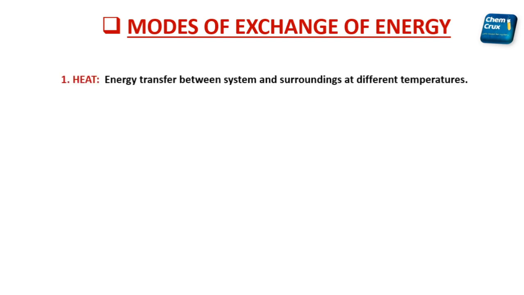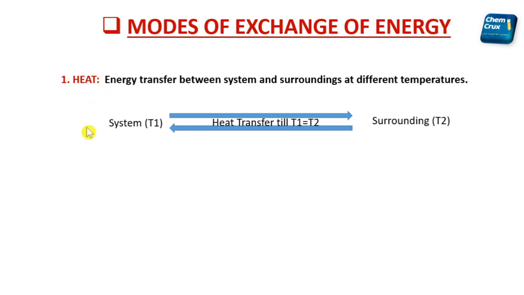First we have modes of exchange of energy. So there are two modes of exchange of energy. One is heat and the other is work. So heat is the energy transfer between system and surroundings present at two different temperatures. Suppose the system is at temperature T1 and surrounding is at temperature T2.